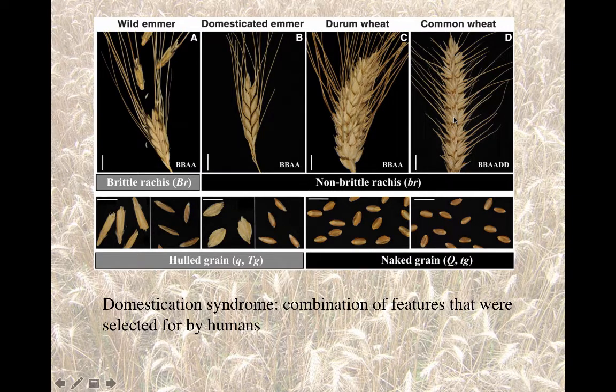We also have this selection for naked grains. In the wilder type of grains, we have lots of different leaf-like coverings that protect them. But through selection, humans have selected against those. So we have these naked grains that make them easier for harvesting and processing.